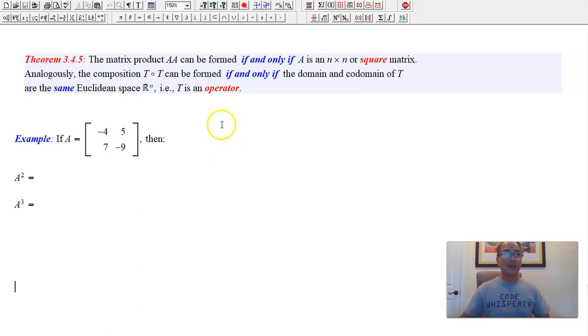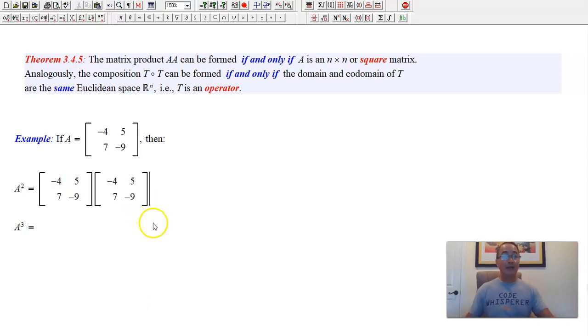Okay, so let's compute powers. Here's a matrix A. Let's compute A squared. So it's the same as multiplying A to itself. What do we get? We have that answer. Okay, so that is A squared. What's the next power? A cubed. Well, how do we think of A cubed?